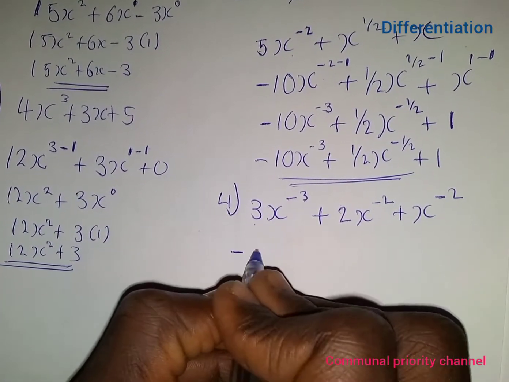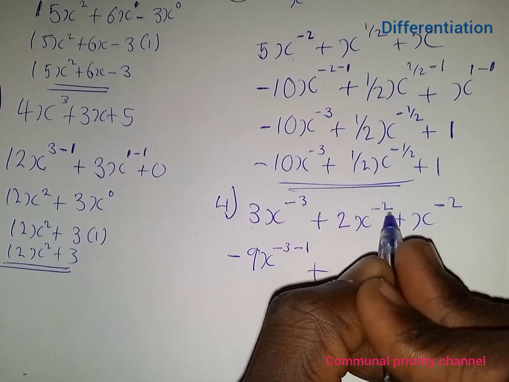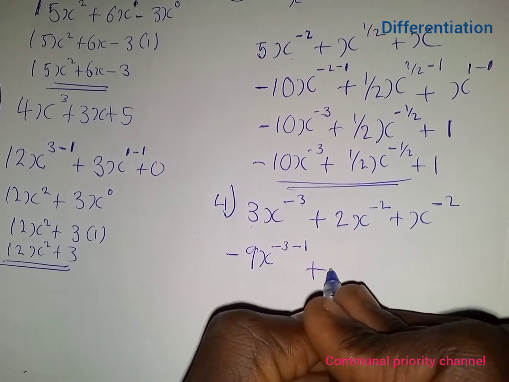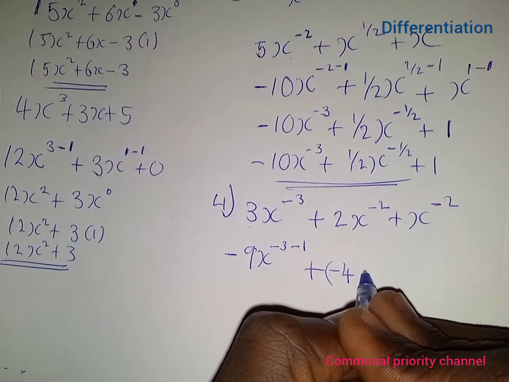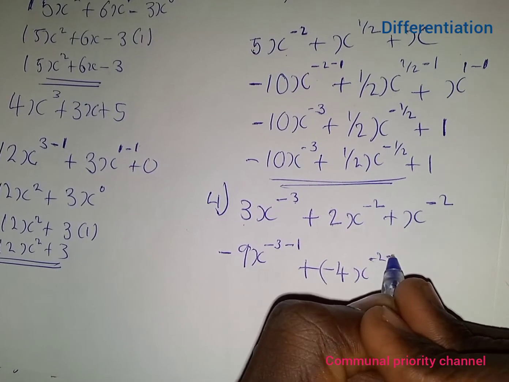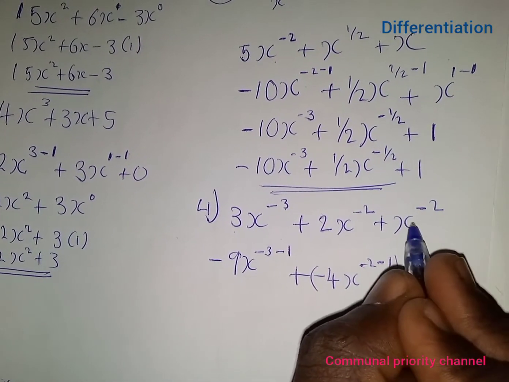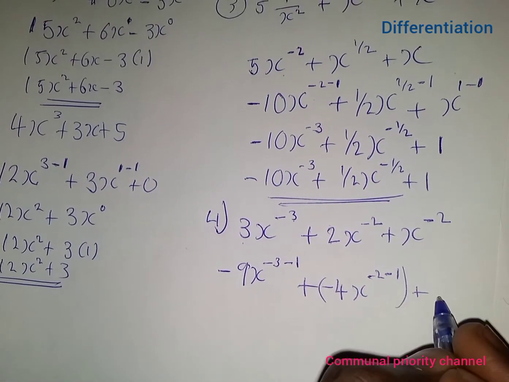Minus 3. This will be what? Minus 9x to the power of minus 3 minus 1 plus minus 2 times 2 will give you minus 4x to the power of what? Minus 2 minus 1. Then we say plus x to the power of minus 2.